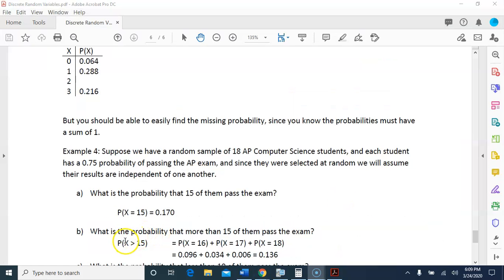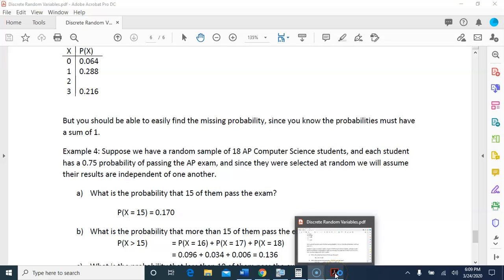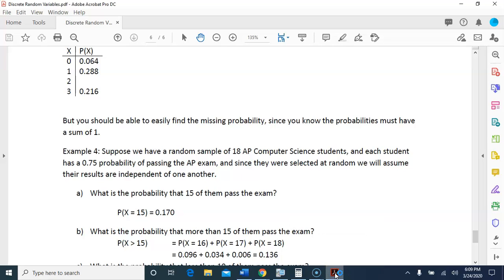So the next question says, what is the probability that more than 15 of them pass the exam? So if more than 15 of them pass the exam, that either means we've had 16 successes or 17 successes or 18 successes. And on a problem like this, the table is almost easier because the probability of 16 successes, 17 successes, and 18 successes are right next to each other on the table.